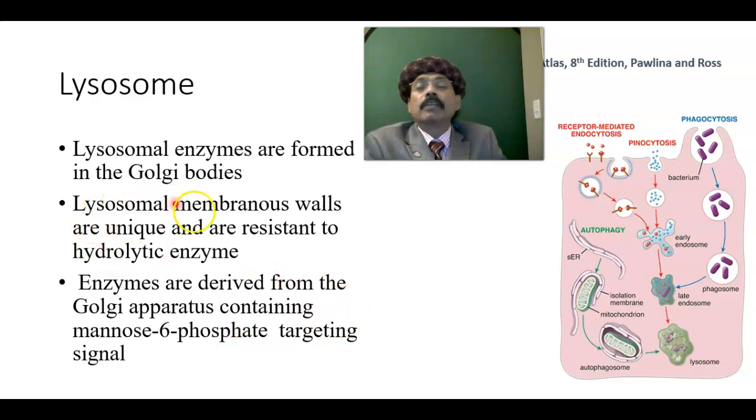And we have to remember that lysosome is rich with enzymes, around 40 to 50 enzymes. They are membrane bound. Inside the lysosome there is a low pH acidic environment, separated from the comparatively high pH cytoplasmic environment by a special membrane that is resistant to the hydrolytic enzymes.